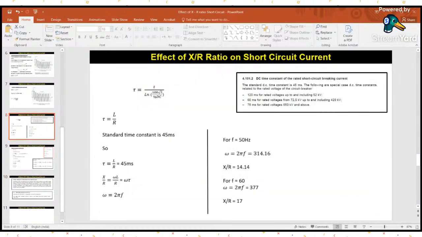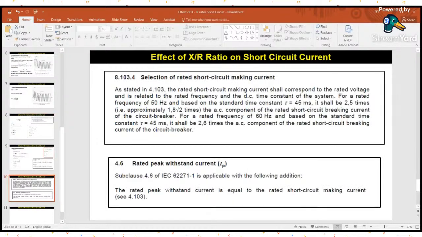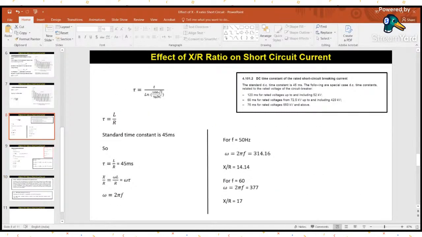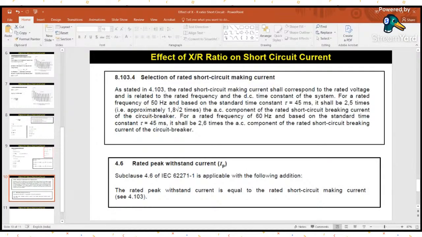If our tau is 45 milliseconds, then the making peak current multiplication will be 2.5. But if the time constant is 120 milliseconds, or 60 or 70 milliseconds, then our X by R ratio will change, and our making or peak current will also change.